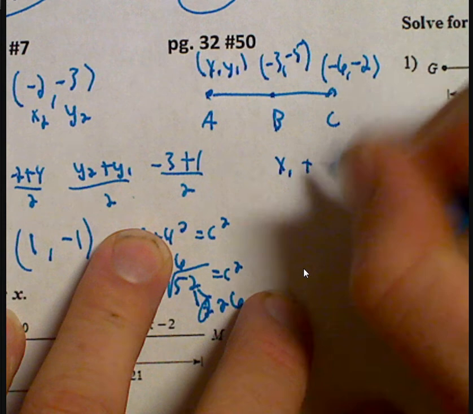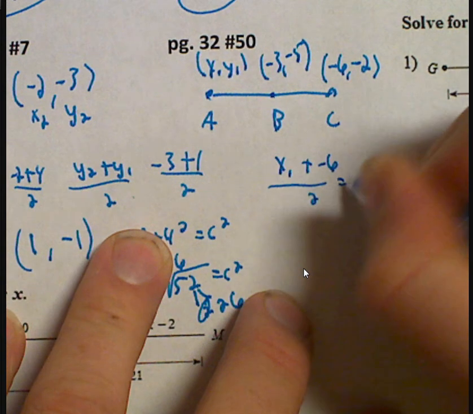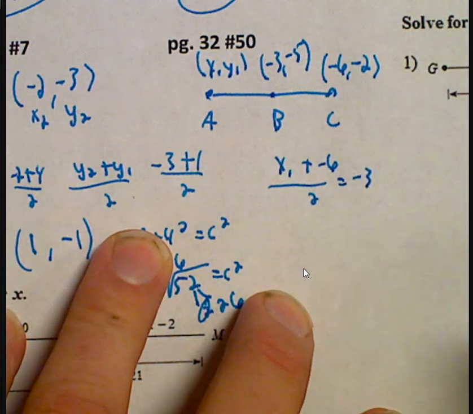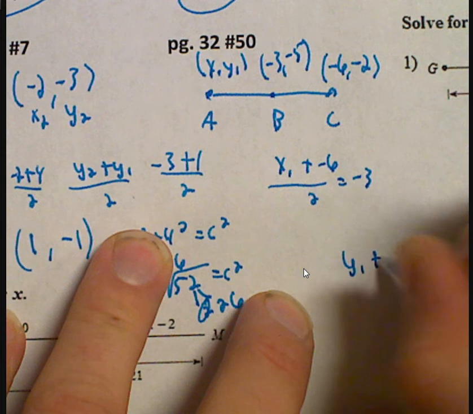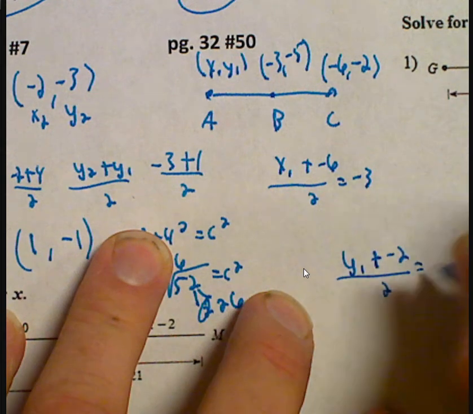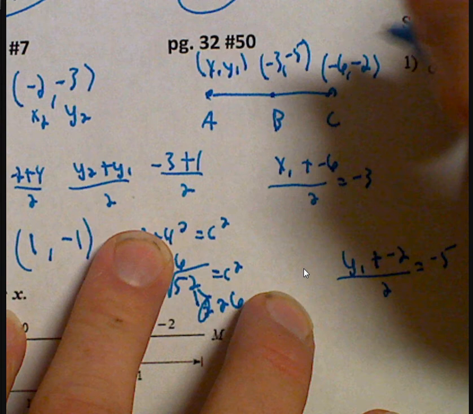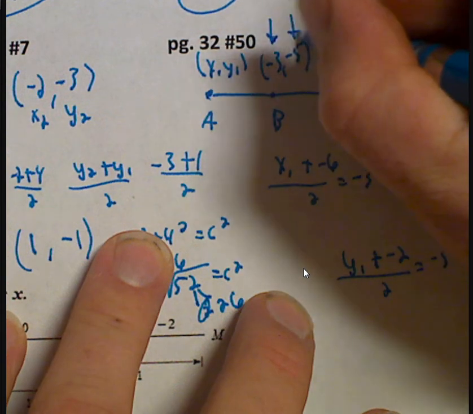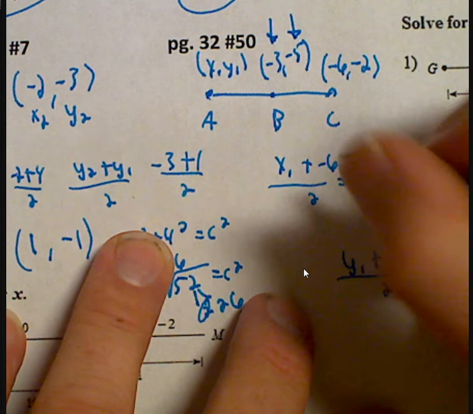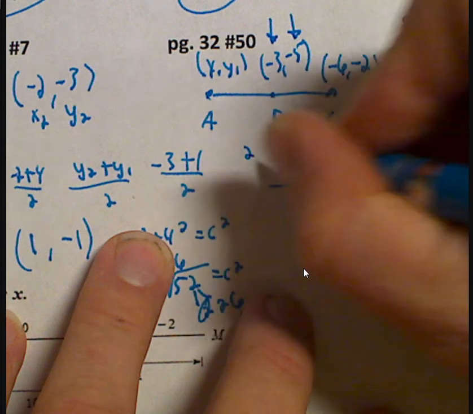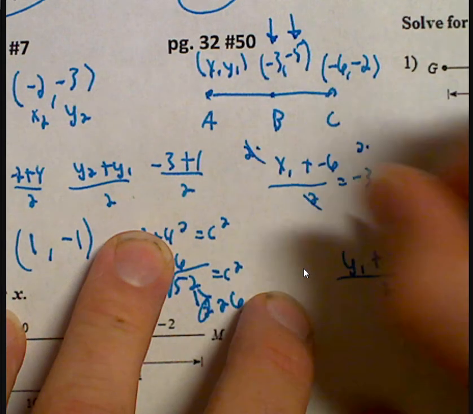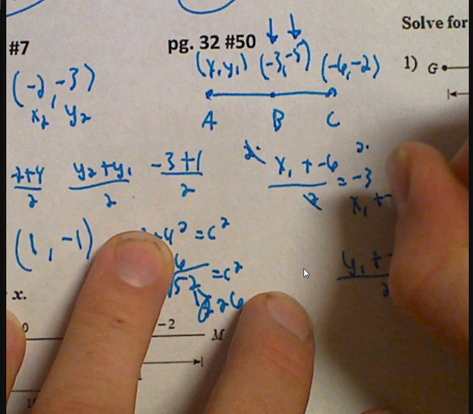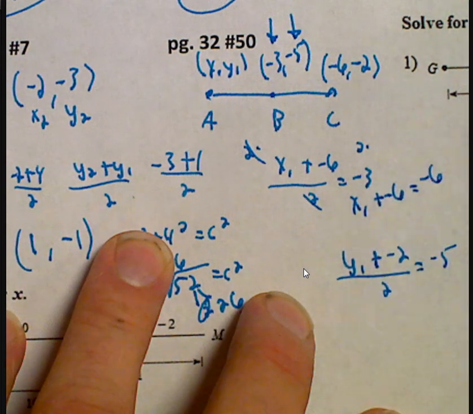x1 plus -6 over 2 is going to equal -3. y1 plus -2 over 2 is going to have to equal -5. This is my midpoint of x, my midpoint of y. So I'm going to multiply both sides by 2. So x1 plus -6 equals -6.